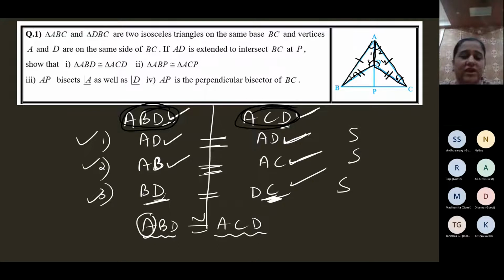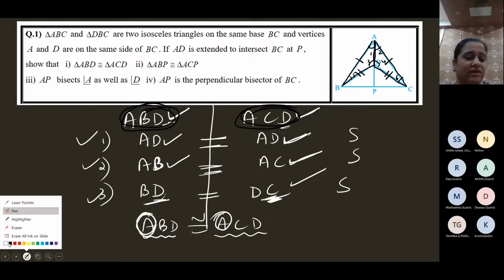Angle A of the first triangle is equal to angle A of the second triangle. Which is angle A in the first triangle?